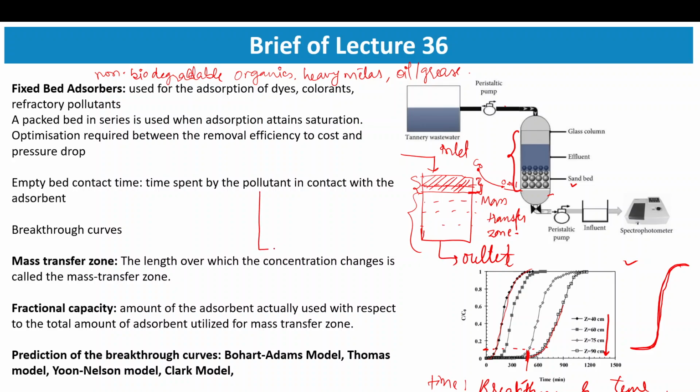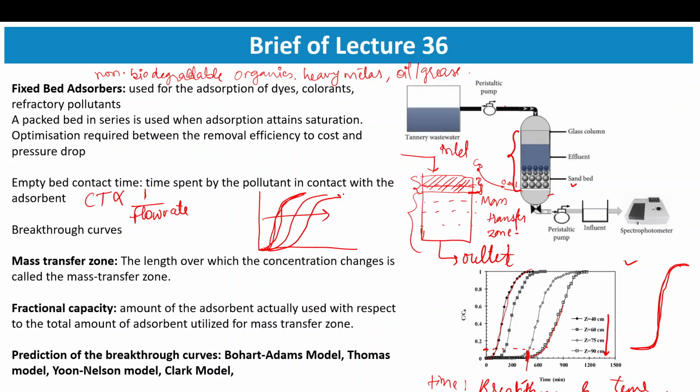So contact time is inversely proportional to the flow rate, right? So the more the flow rate, the earlier will be the breakthrough. So this will be the highest flow rate as compared to this, right?